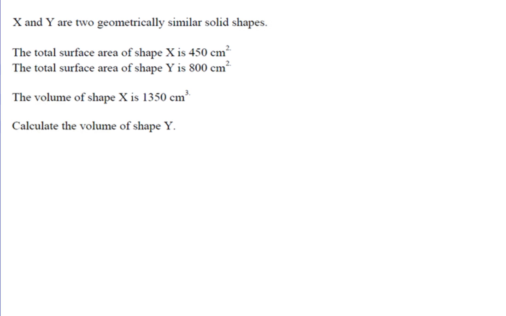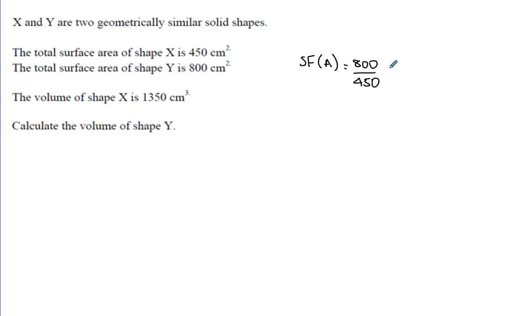X and Y are two geometrically similar solid shapes. The total surface area of shape X is 450 centimeters squared, whereas shape Y is 800 centimeters squared. So again, let's go scale factor of the area is 800 divided by 450.